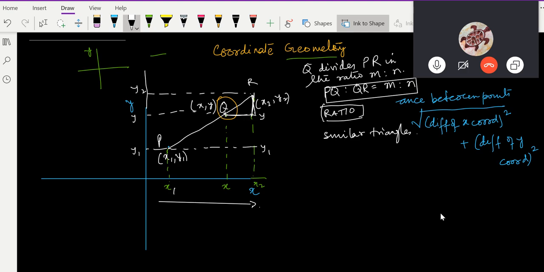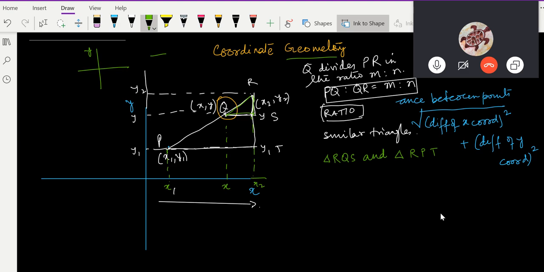Let us call this point S, and this one T. So if I look at the triangles RQS and RPT, what do you observe?